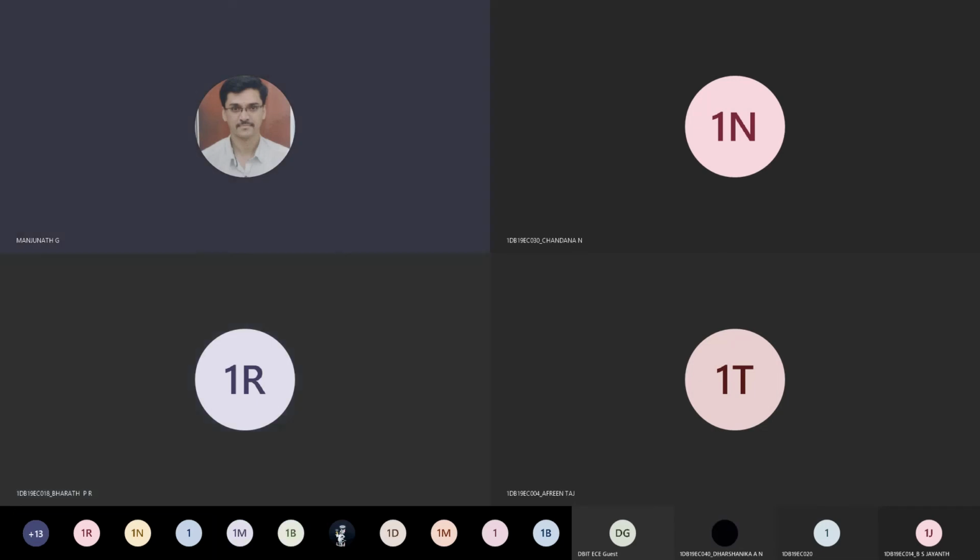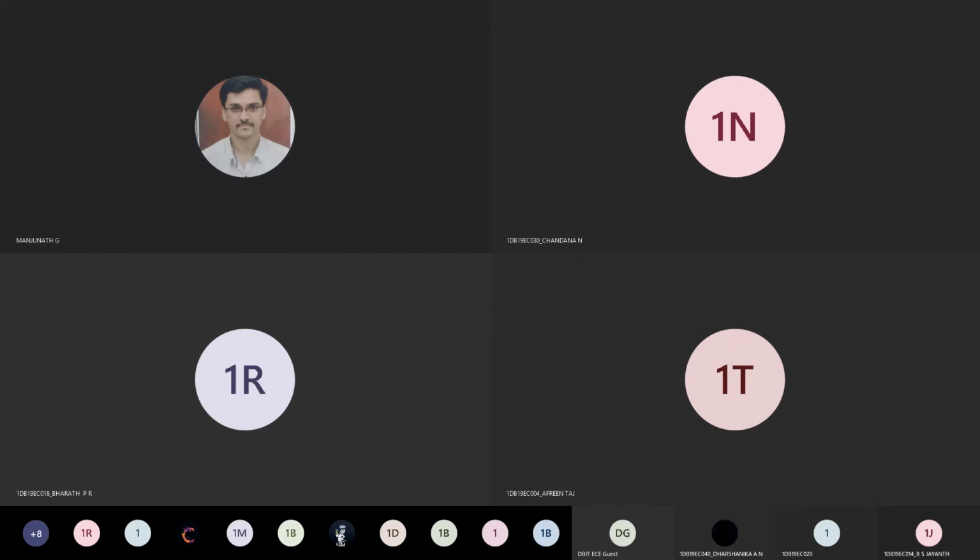Okay. 35 is there, 36, 37, present, sir. 38, present, sir. 39, present, sir. 40, present, sir. 41, present, sir. 42, present, sir. 43, Divya. 44 is not there. 45, present, sir. 46, present, sir. 47, present, sir. 48, Arshita P. Sumit, present, sir.